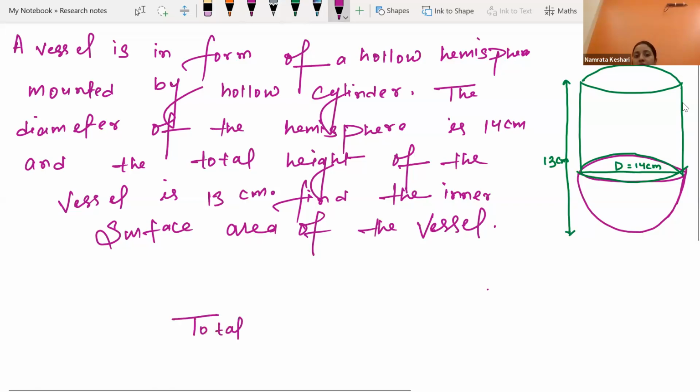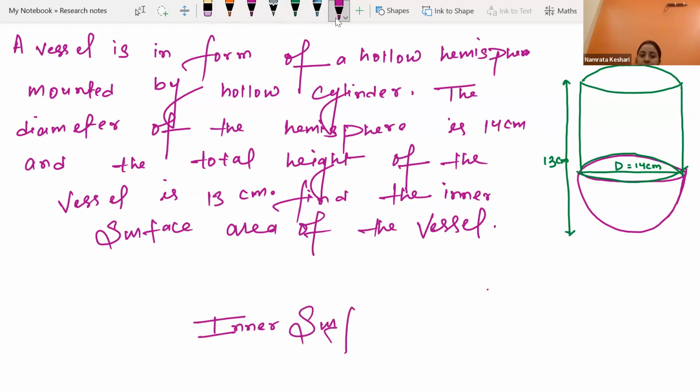The inner surface area of this vessel will be the surface area of cylinder plus surface area of hemisphere.